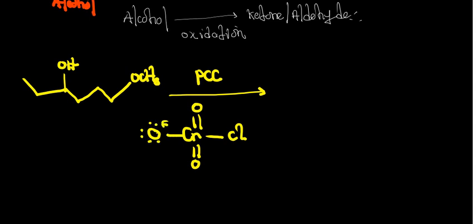So one thing that we must understand here is that the center of this structure is chromium, and this chromium is positively charged. And we have the oxygen here, which is negatively charged. So we're going to have an attack, and this attack is going to come from the oxygen attacking the center, the chromium.